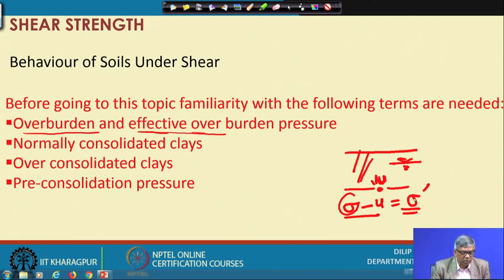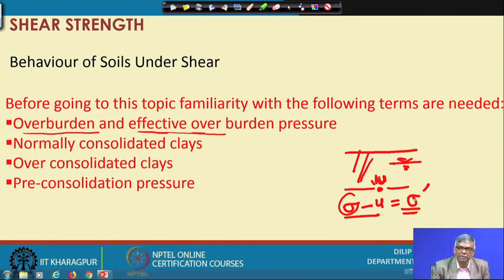Then normally consolidated clays. As I have already pointed out, different soils behave differently. Normally consolidated soil and over consolidated soil we will discuss at length in the subsequent topic, compressibility of soil, but here I will just introduce the terms.